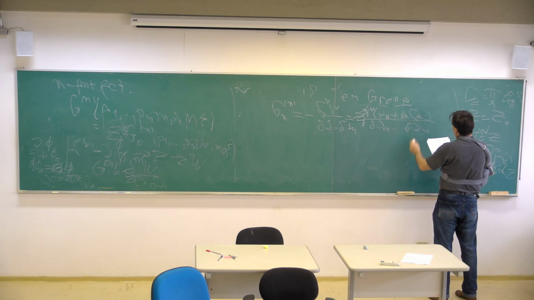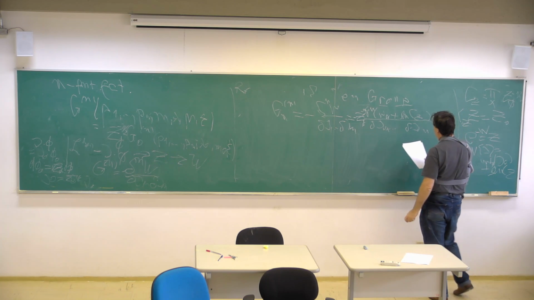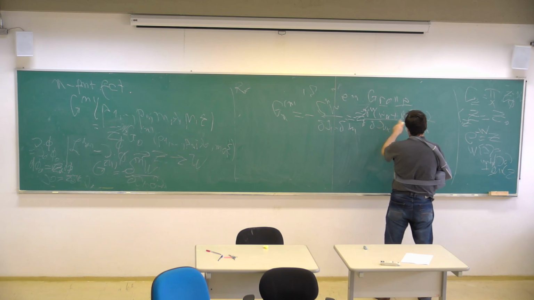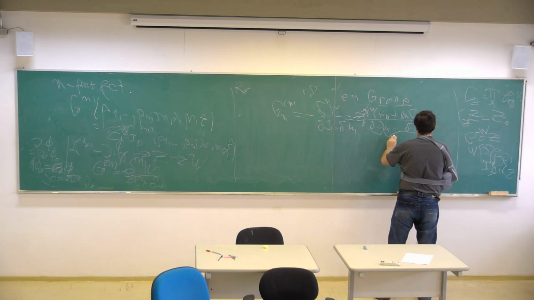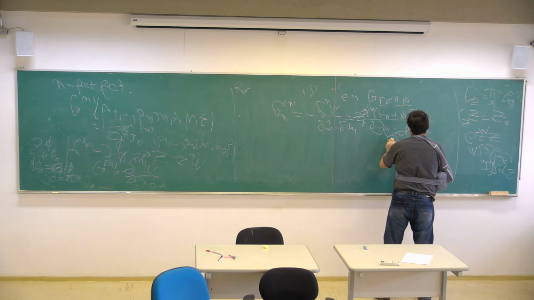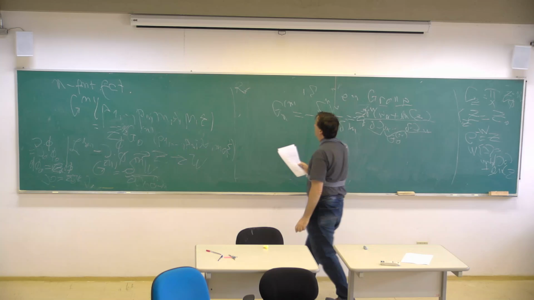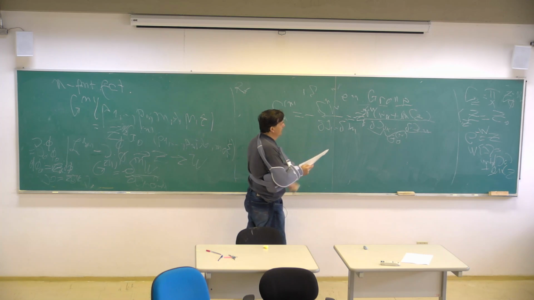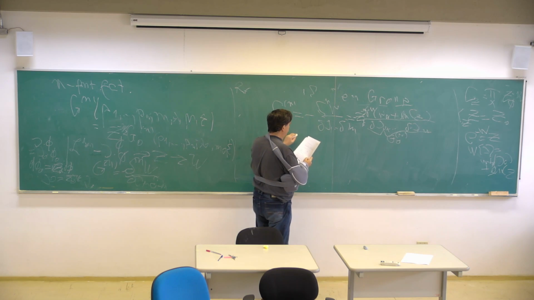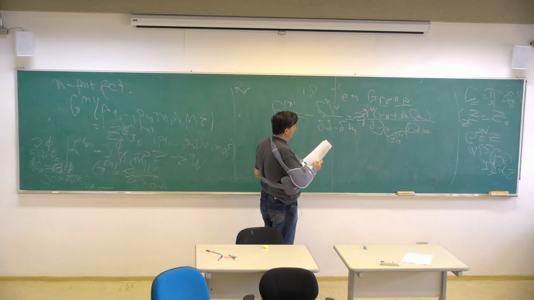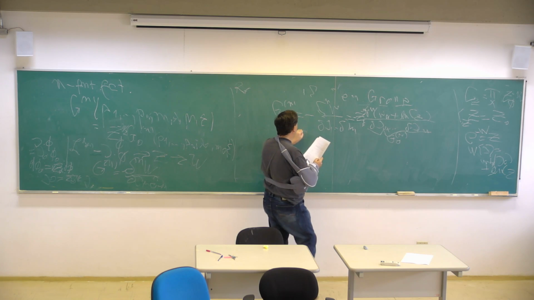And well, this thing doesn't depend on the J's, and the resulting object is J0n. So that is the original relation that we wrote.